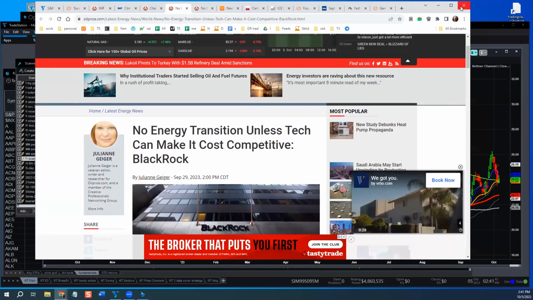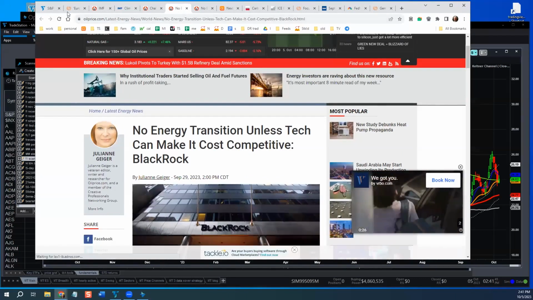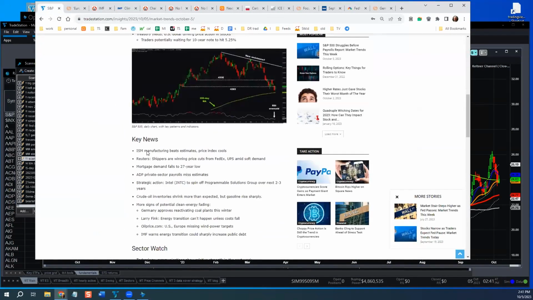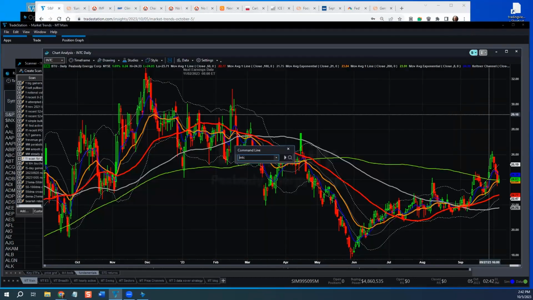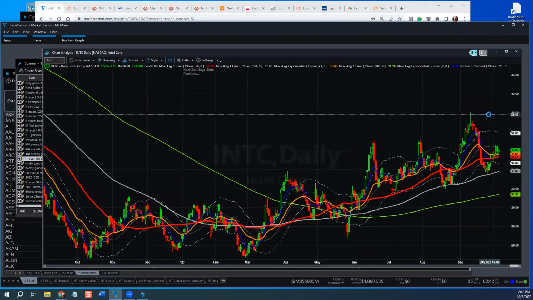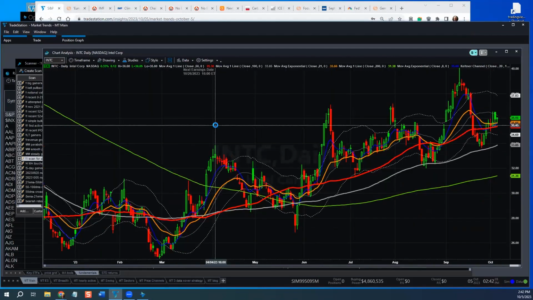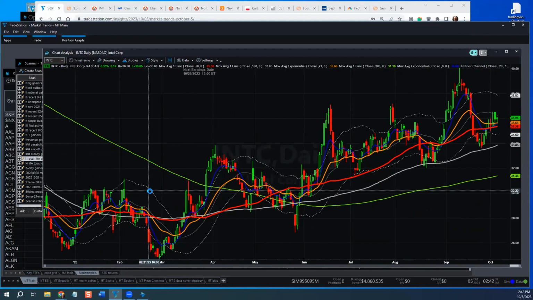Anyway, let's go back to our summary here. I mentioned the ISM being strong. I mentioned these items here. It's interesting that Intel came out with this sort of strategic actions. They're planning to do a spinoff 2 to 3 years from now. Intel remains a name I think is interesting, that if they manage to get things in order, they have a significant potential for a comeback.